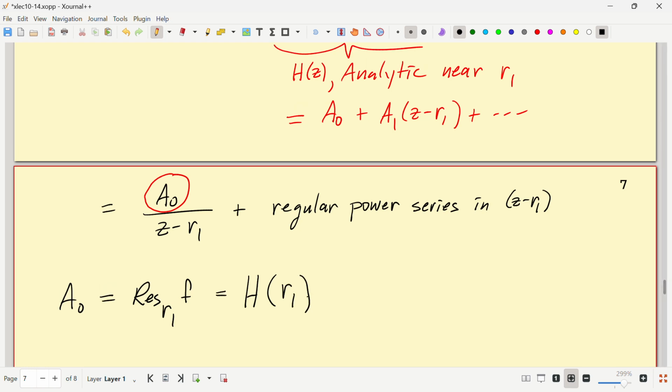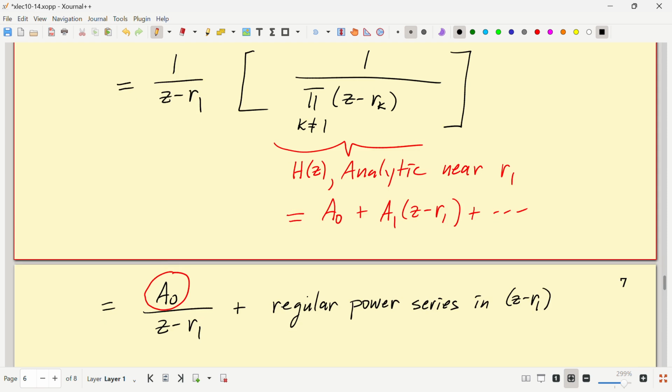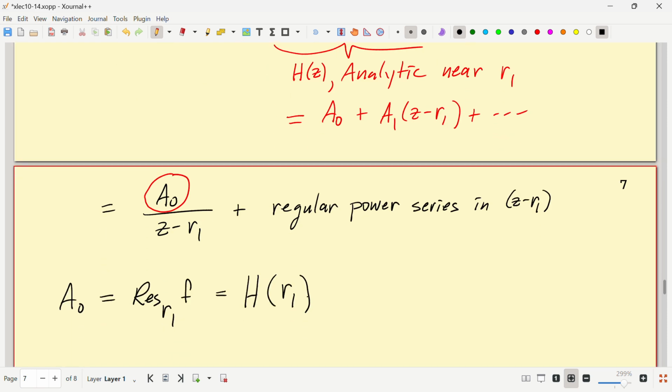Remember, I wrote down what H was up here. It's that thing. There it is. So that's going to be equal to 1 over R1 minus R2 times R1 minus R3 times R1 minus R4.